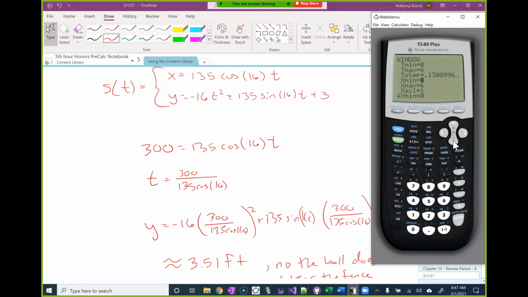6 is fine. The X value, I'm going to go from 0. I know it's got to be more than 300. I'm going to go to 400 just to give it a little bit of extra space there for me to see what's going on. The height is going to go from 0. And if I hit a ball 300 feet at a really shallow angle, that's pretty much like a line drive, right?